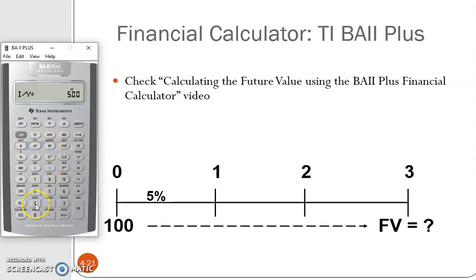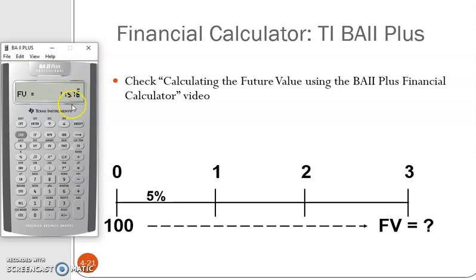The present value is $100 and I have a minus 100. Remember, I am using the plus-minus key here and not these function keys, and setting PV as a minus 100. 0 PMT, compute future value.